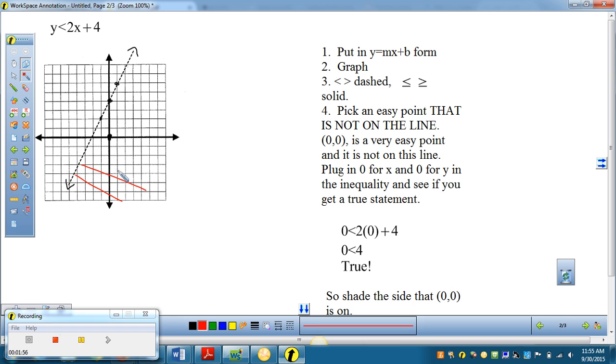So we shade the side that has 0, 0 because 0, 0 gave us a true statement. And there is our solution to an inequality. The solution to an inequality in two variables is a graph showing a region where if I pick any point in this shaded region, it will be true in this inequality.